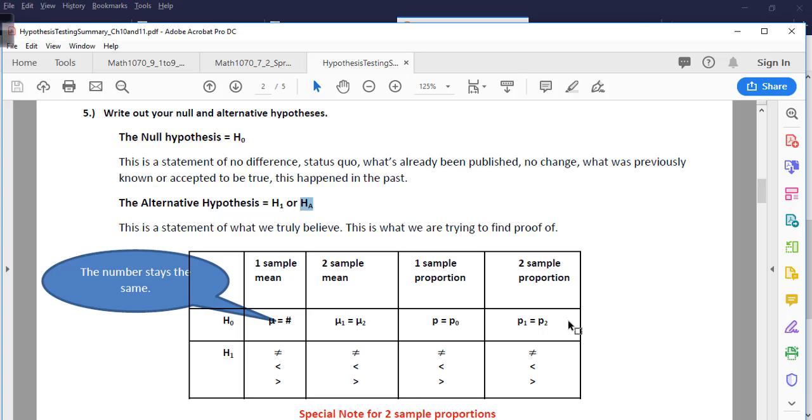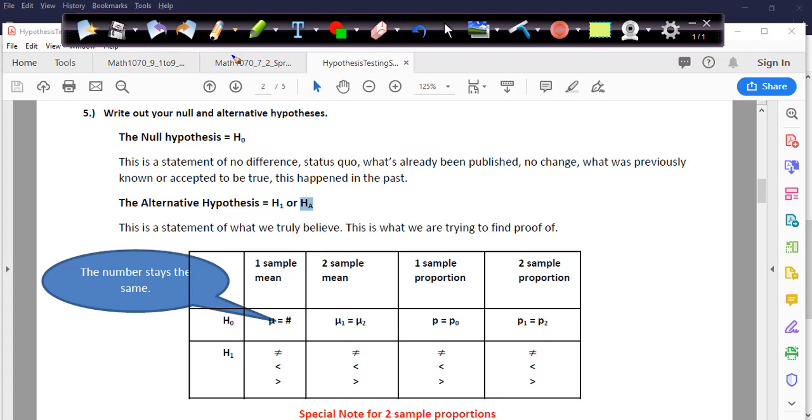So a note on two samples, you could see your null hypothesis written like this: mu sub 1 is equal to mu sub 2, p sub 1 is equal to p sub 2. The other way that you might see this is they might put everything on one side, meaning they'll solve and set it to 0.